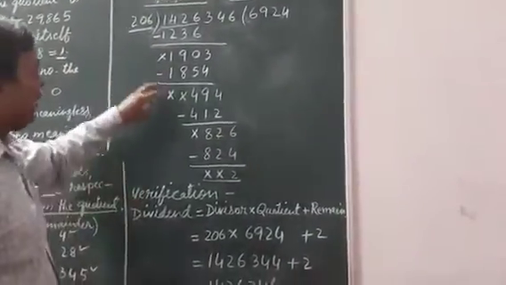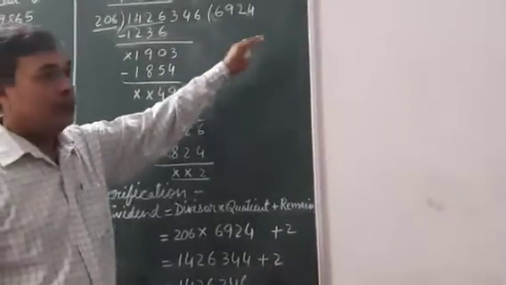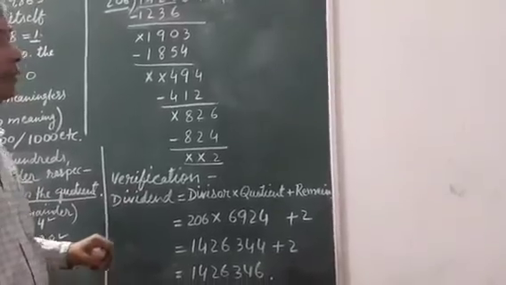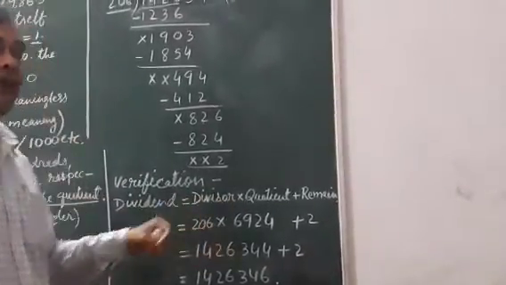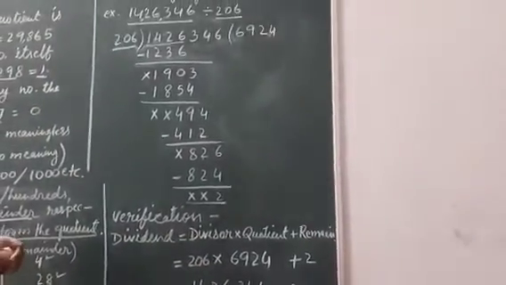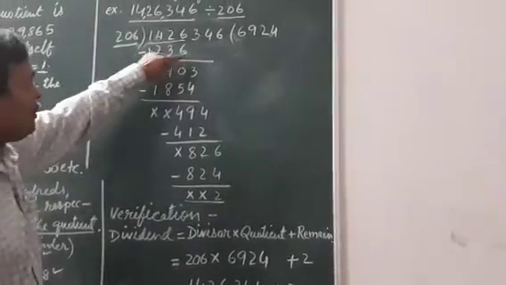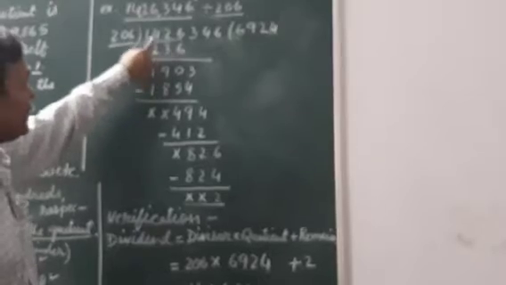Now we have to do a little multiplication by 2, 3, 4, 5, 6, 7, etc. And we have to find a number which is just smaller than 1426.